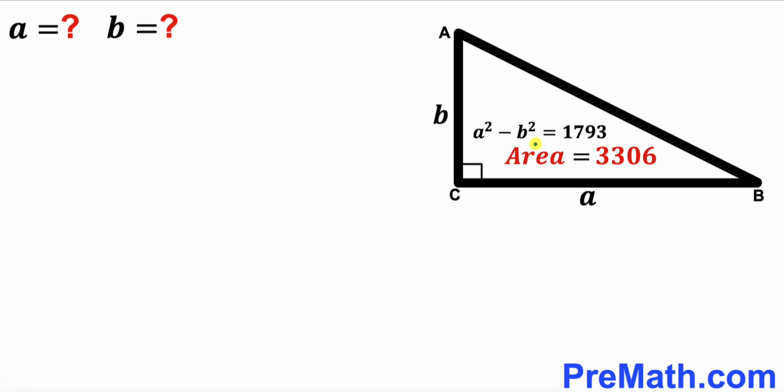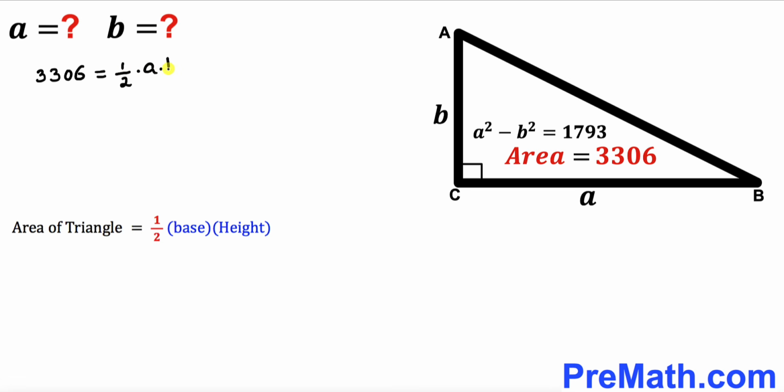The area of this triangle has been given to us as 3306 square units. Let's recall the area of a triangle formula: area is always equal to a half times the base times the height. In our case, the base is a, the height is b, and the area is 3306. So 3306 equals a half times a times b.